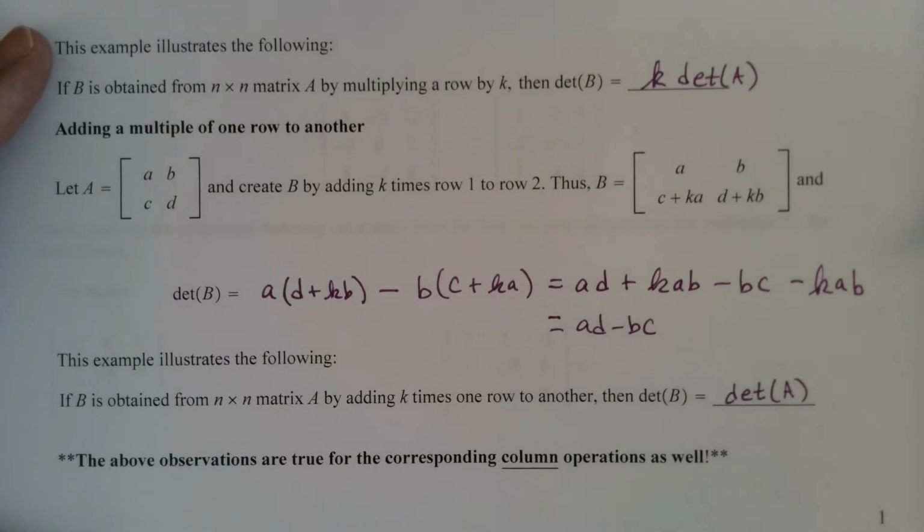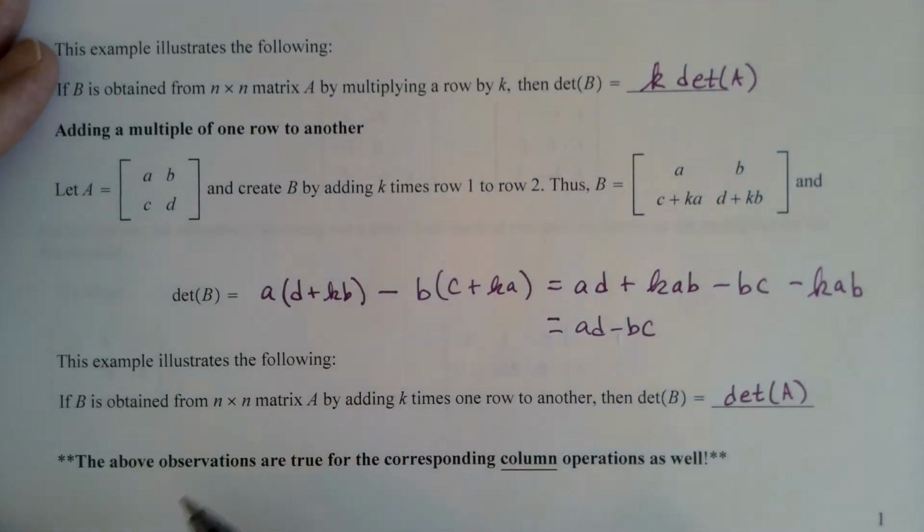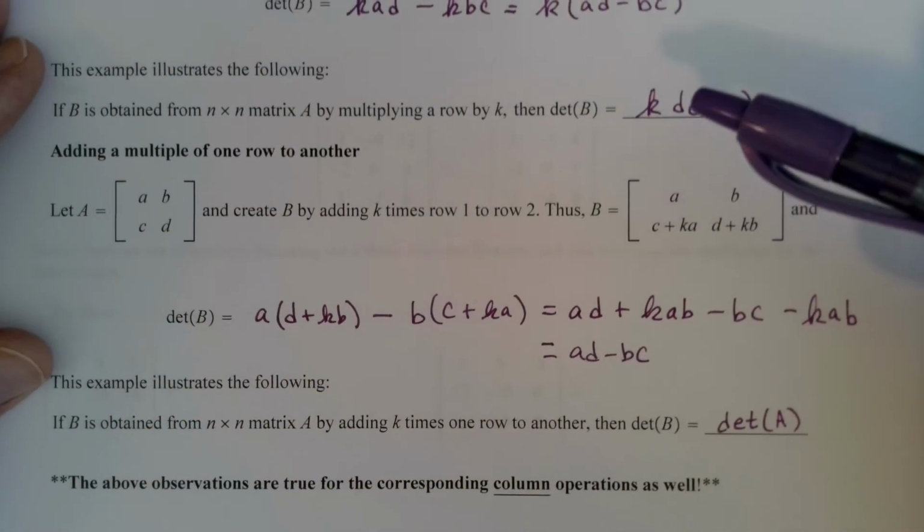Now, I just want you to observe the following as well. These observations that we made are true not only for row operations, but column operations as well. Now, we haven't really done column operations per se when we're doing Gaussian elimination or the inversion algorithm, right? We're doing row operations. But here it says if we replace row with column, we get the same results.